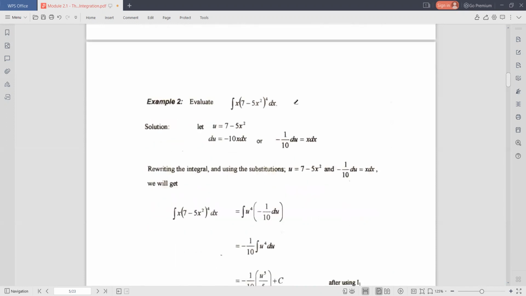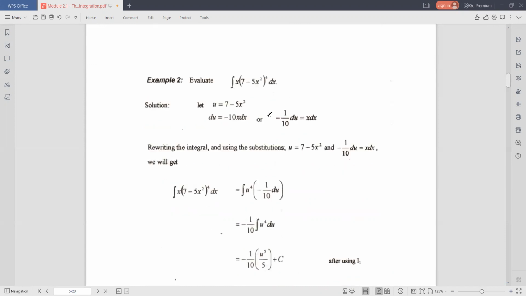Okay, so for our second example, let's evaluate the integral of x times 7 minus 5x squared quantity raised to 4 dx. So here we substitute again. So we let 7 minus 5x squared as our u.